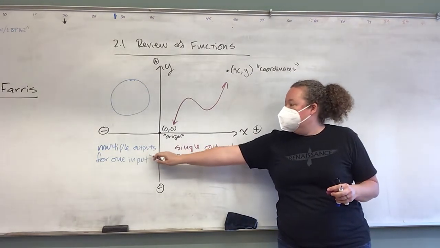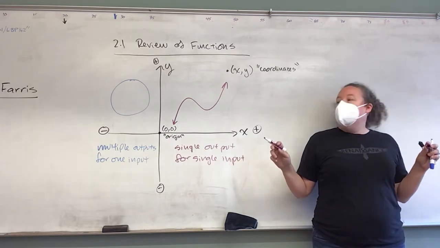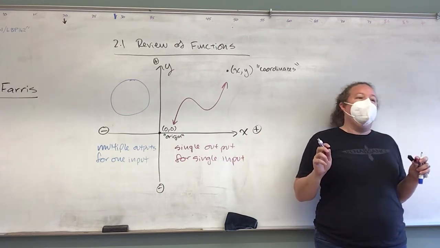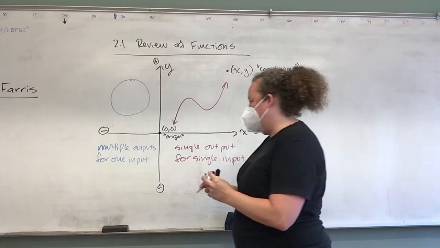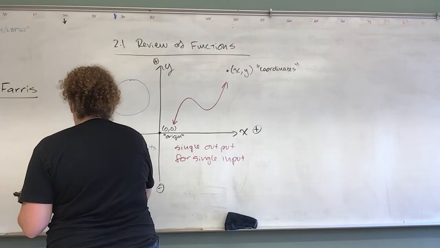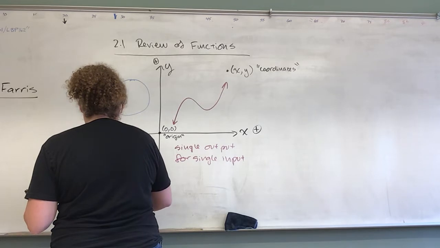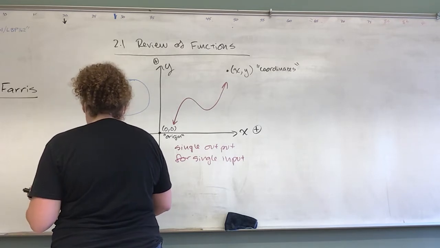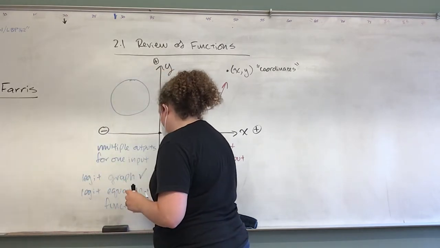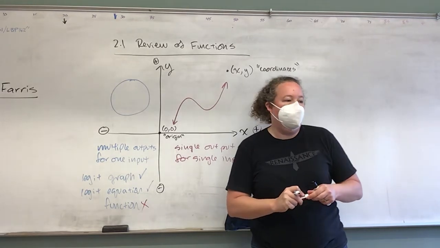However, the fact that this has multiple outputs for one input, and this has a single output, means that maroon is what blue is not. A function. Okay? So, is this a legit graph? Yes. Is this a legit equation? Yes. Is this a function? No, it is not. So this really is the definition of a function.